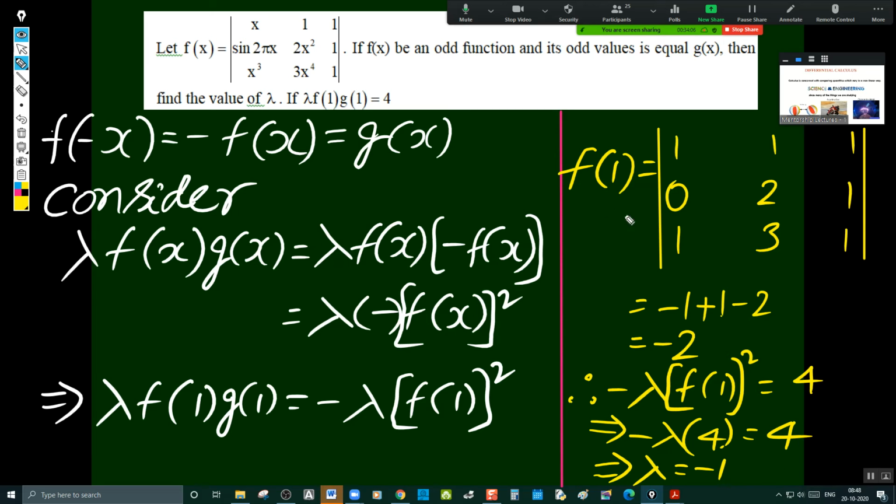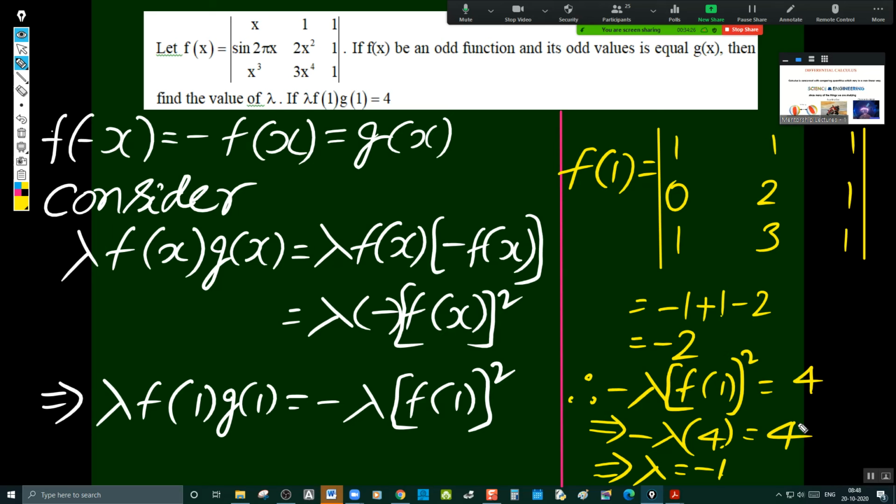You are saying it is a negative value. That's okay. But how do you know this is -1 only? It can be any negative value, no? Find the value of lambda. Lambda is -1 we have got.